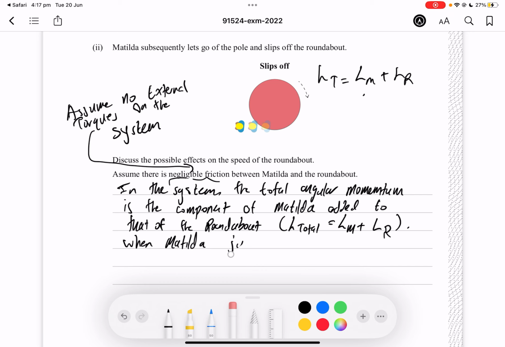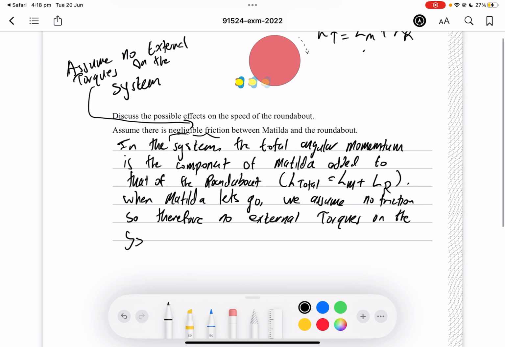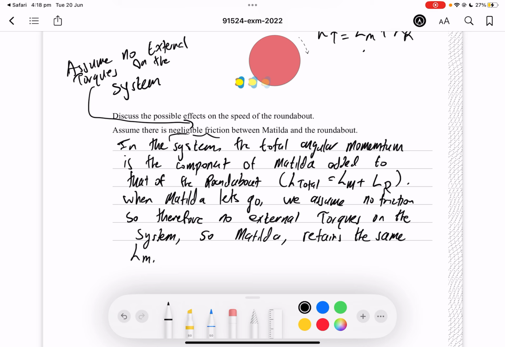So well, not jumps off, maybe let's go. We assume no friction, so therefore no external torques on the system. So Matilda retains the same, we'll call it Lm, when she lets go.